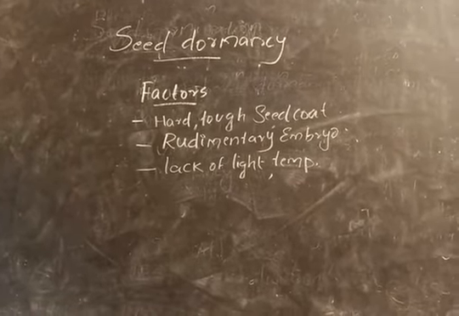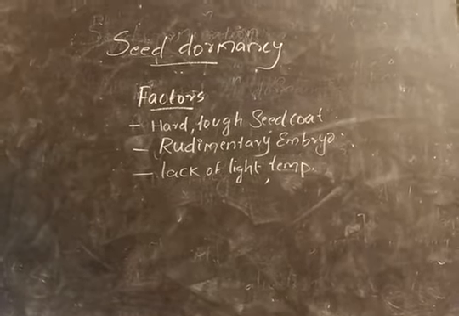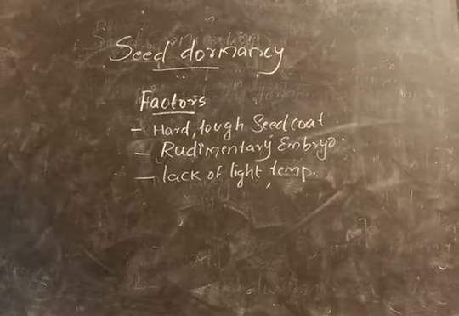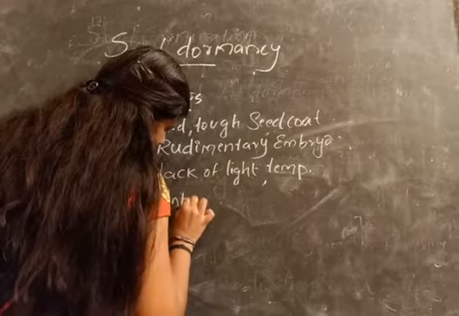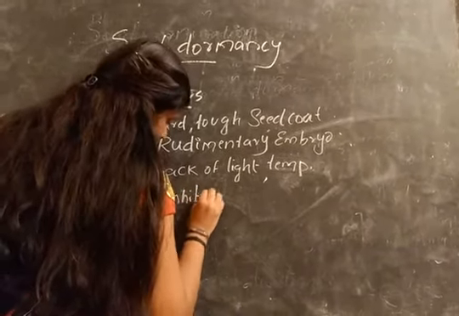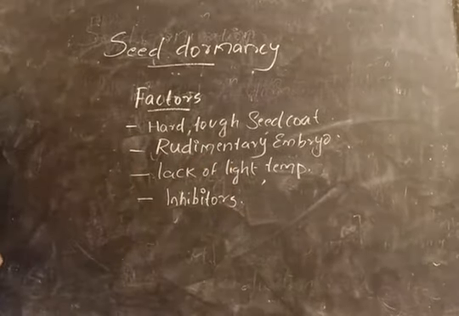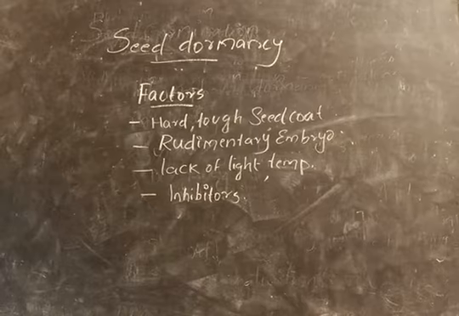That is the reason for seed dormancy. Then another factor is the presence of inhibitors like phenolic compounds, which may cause seed dormancy. So these are the factors that affect seed dormancy.